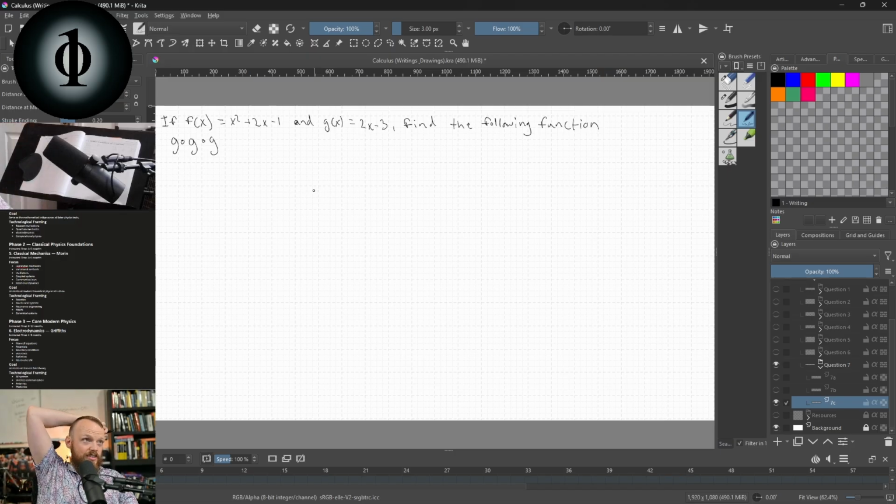So I plug G in the G, which gets plugged into G. Is that just a cube? Can I? No, surely it's not. Of course it's not. So first we'll solve for G of x. It's equal to 2 times 2x minus 3 minus 3.